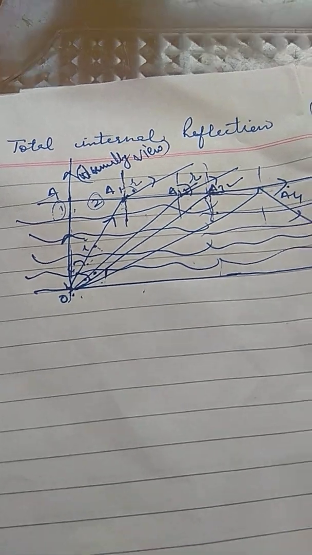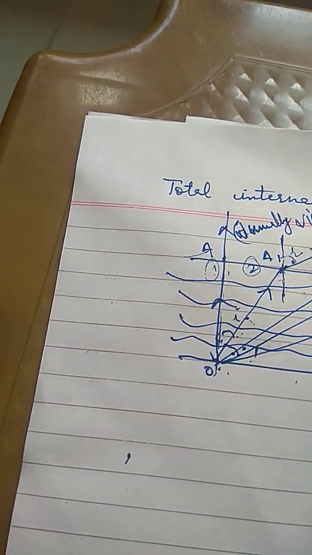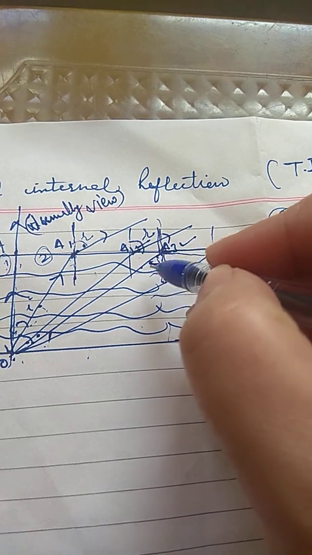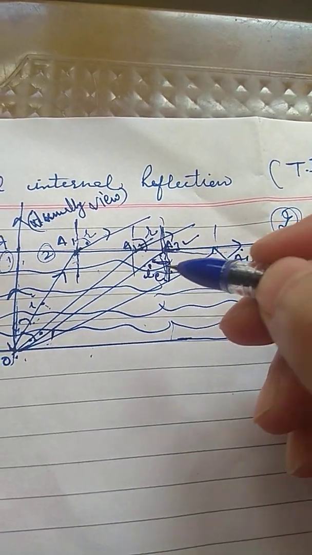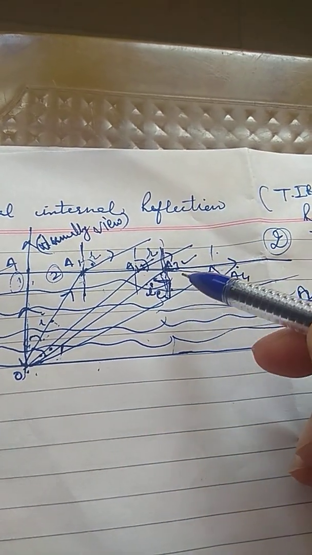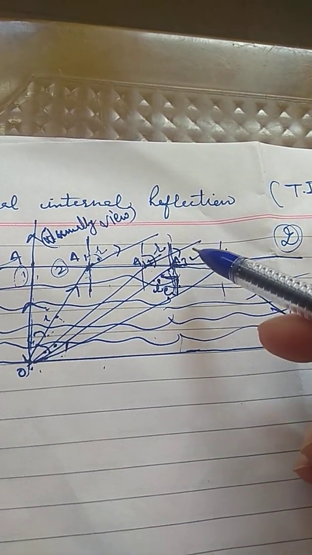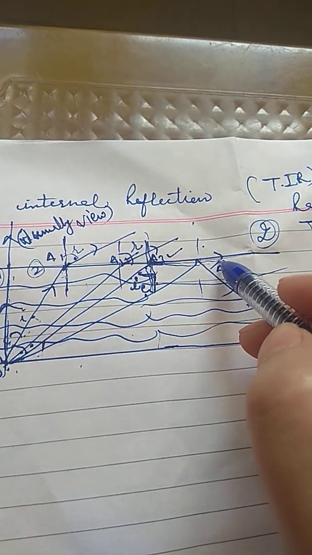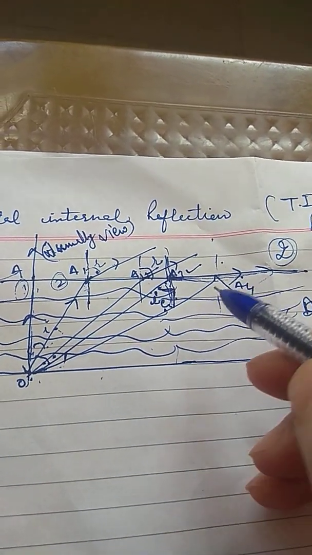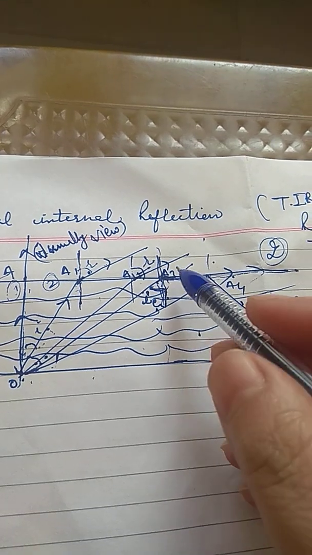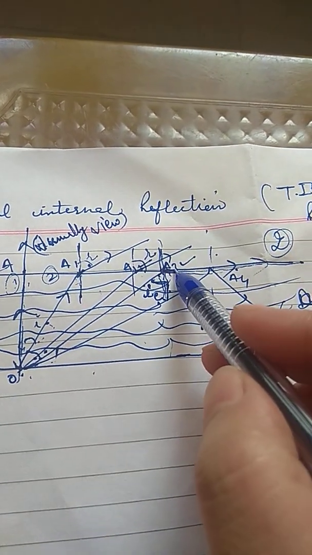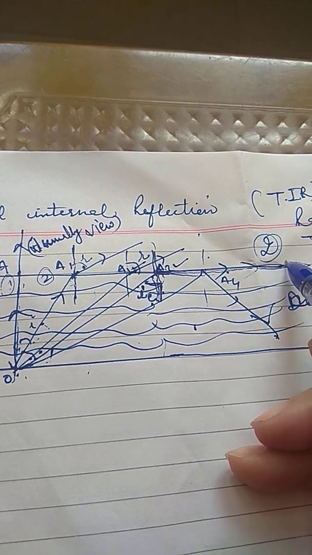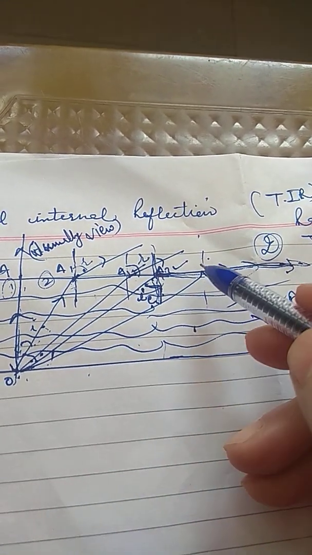So this is your A2, this is point A3, this is your angle of incidence, and this is the critical angle. So when light comes from the denser to the rarer medium at the critical angle, it doesn't go to the rarer medium, but it lies along the surface of the medium, because it is not going back in the same medium, it is not going to the other medium, it is just lying on the surface of that medium in which it is coming.